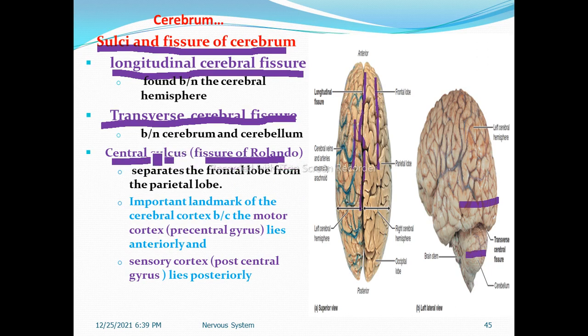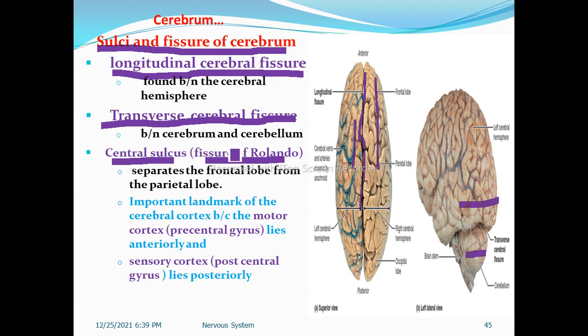Central sulcus is the best landmark. It is a very important location to show the regions of motor and sensory areas, and it separates two important gyri, the precentral gyrus and postcentral gyrus. So please keep this sulcus in your mind.